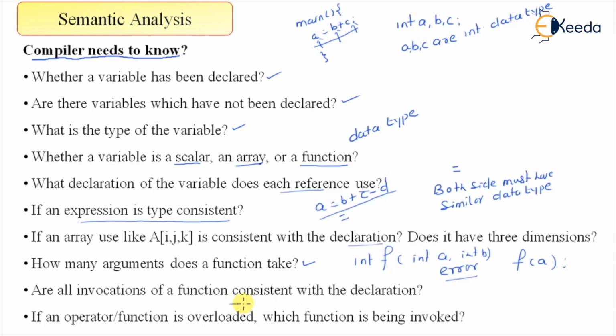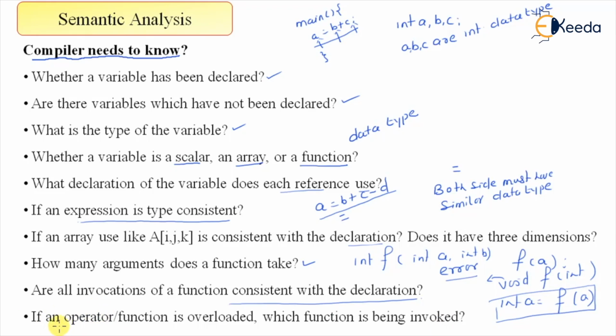Are all invocations of the function consistent with the declaration? If I declare void f with an int, and suppose I do int a is equal to f, this is not consistent with its declaration, because it should not return any value, but it is returning some value.